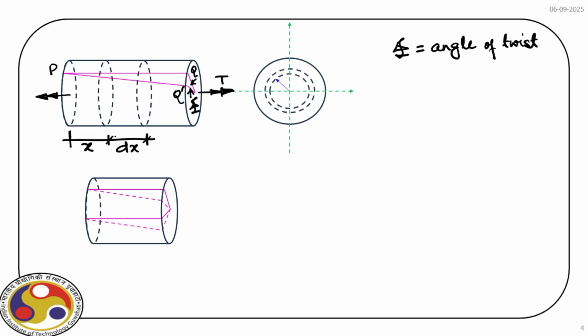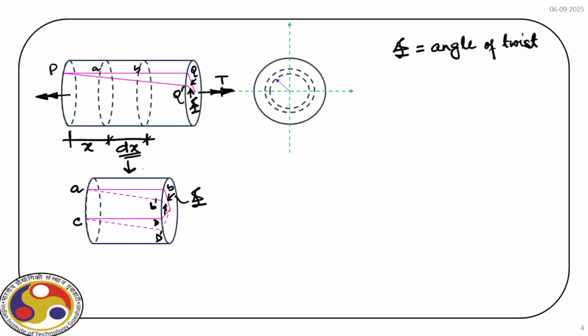Now the small segment dx, let us draw it here and mark the ends. We have AB, and then CD. The point B comes to B prime, similarly D point comes to D prime, and the angle of rotation here is phi. From this diagram we can see shear stresses are developed.